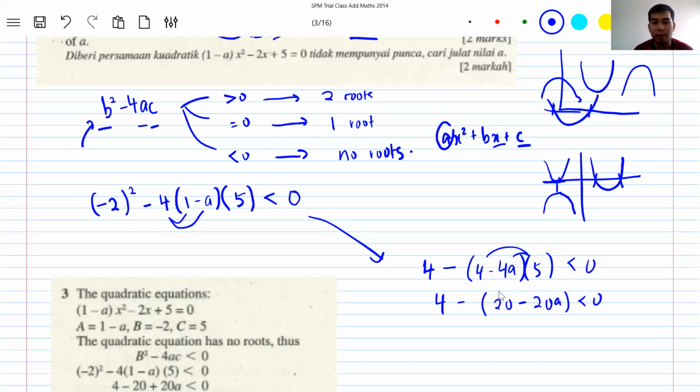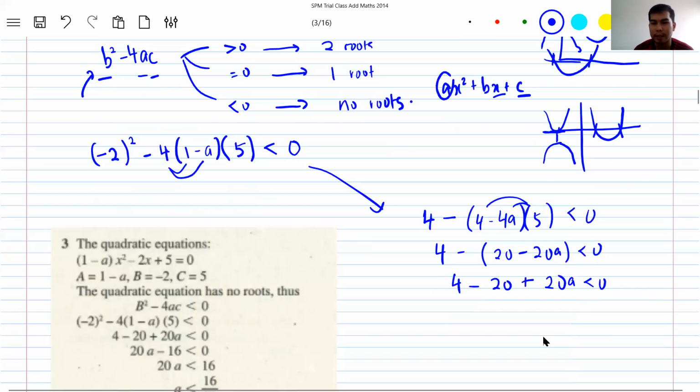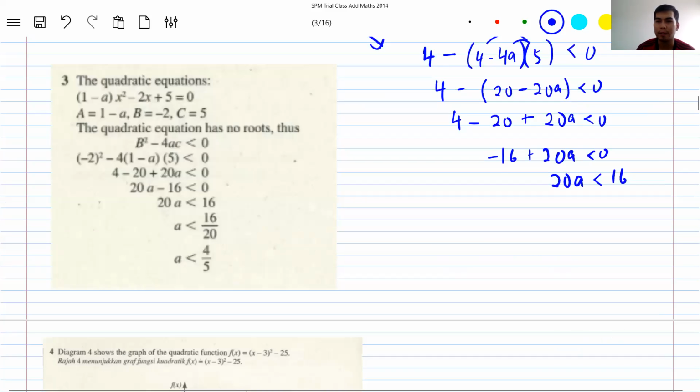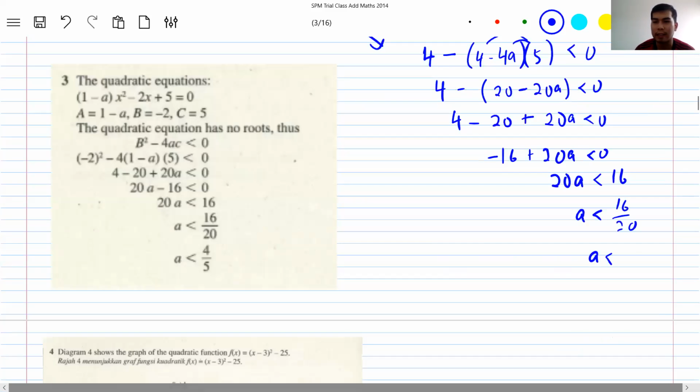And then when you open the bracket one more time, it will be 4 minus 20, minus and minus gives you plus 20a is less than 0. Right? And then you just move around some things. 4 minus 20, that's minus 16, plus 20a is less than 0. 20a is less than 16. Subsequently, a is less than 16 over 20. You can simplify that further. a is less than 4 over 5. And there you have it, your answer.